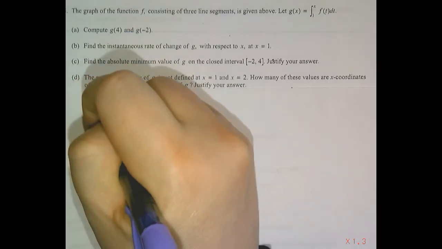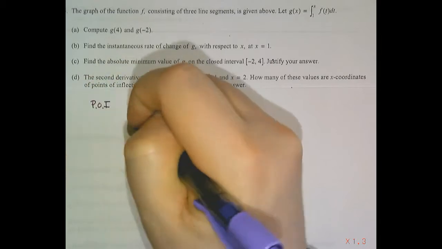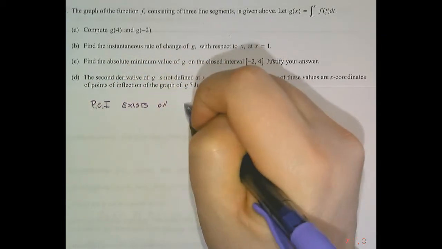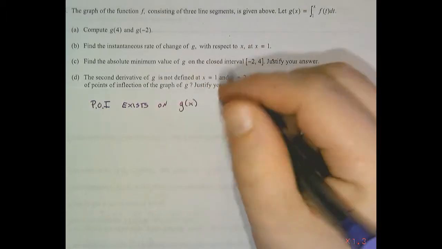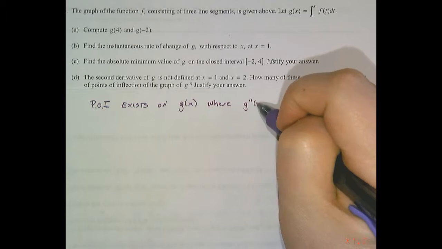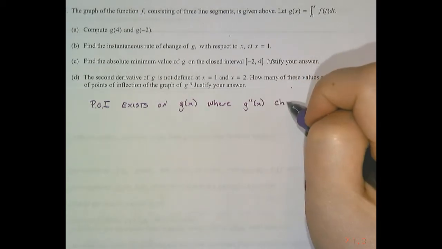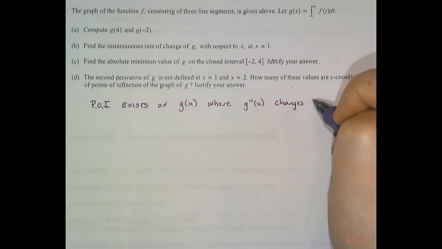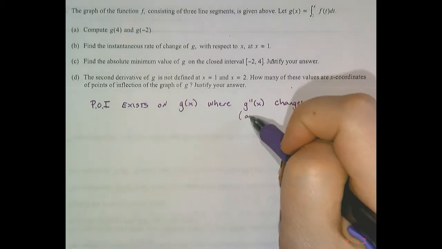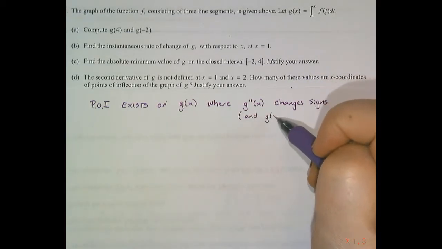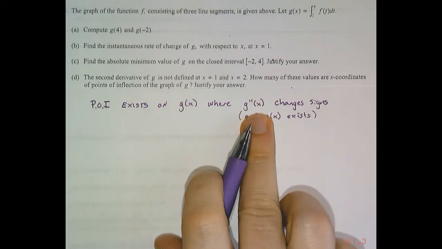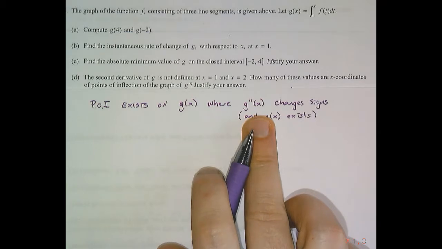So a POI, or a point of inflection, exists on g of x where g prime prime of x changes signs and g of x exists. So we're going to look for a spot where g prime prime of x changes signs.